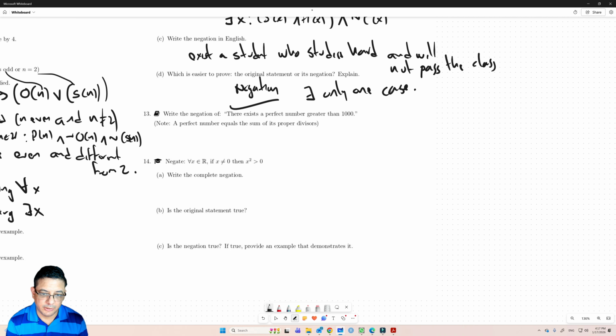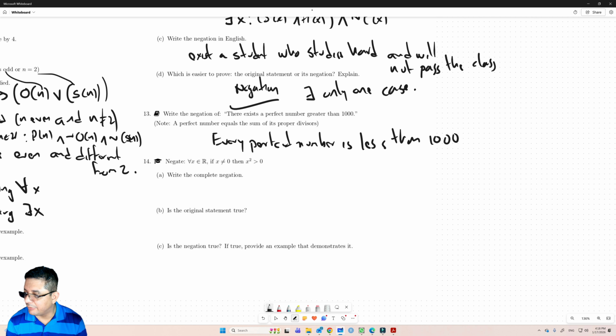So we'll say every perfect number is less than 100,000. Also, you can write this as all perfect numbers are less than or equal to 100,000.